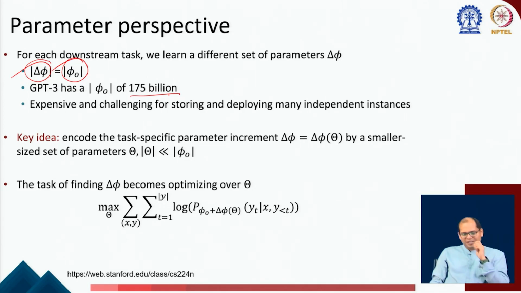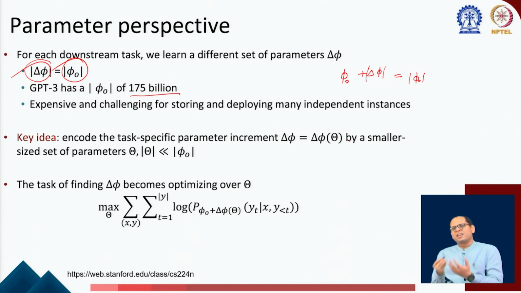Now that's where we get our key idea. We are starting from phi naught, and I want to find some delta phi. Delta phi has the same dimension as phi naught. So can I have some trick by which I can approximate delta phi using a smaller number of parameters?